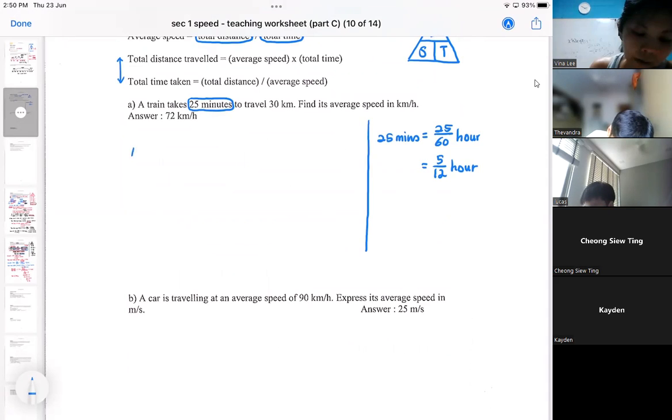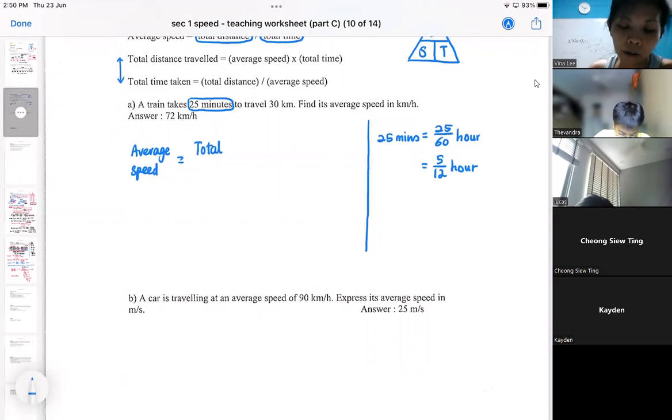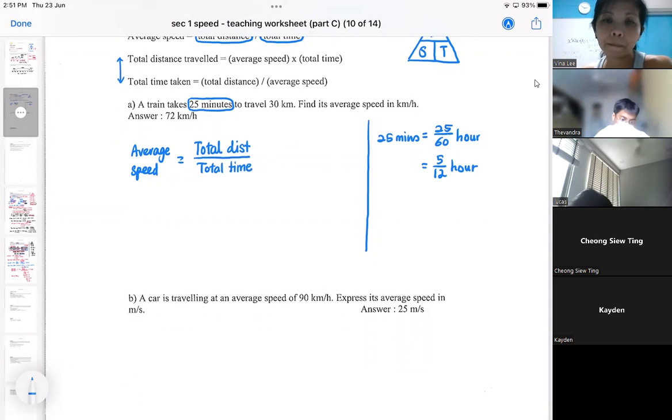So after that, I can find my average speed. It will be good for you to start with writing out the formula. So total distance divided by total time. And I have this habit that I would like you all to build up. So for example, here, the distance is 30 kilometers.